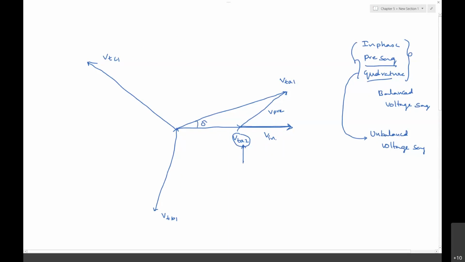In the case of the unbalance, how are they able to make out the in-phase injection or the quadrature injection? In the pre-sag voltage, there is no problem. For the pre-sag injection for the unbalanced voltage sag, you don't have any problem.